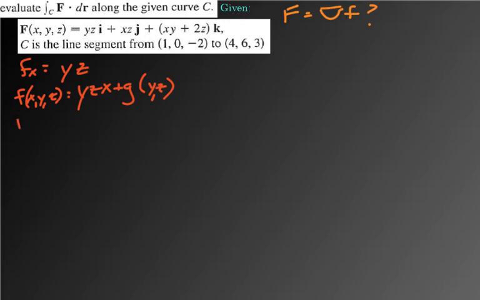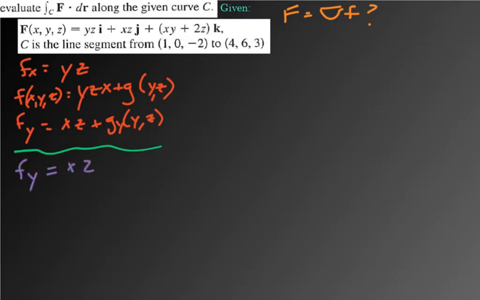Then if you take f with respect to y, that's going to equal xz plus g with respect to y of yz. Now I'm going to take a pause, and if we do f with respect to y, it should be equal to xz, because it should equal that part.